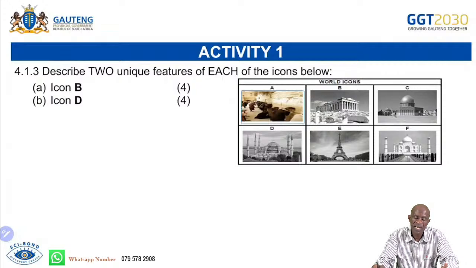So the question wants you to give two features for this icon, which is number B, the Parthenon, and it also wants you to give two unique features for icon number D. So let us look at these two unique features of these icons.